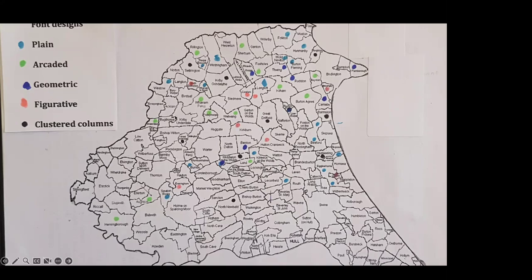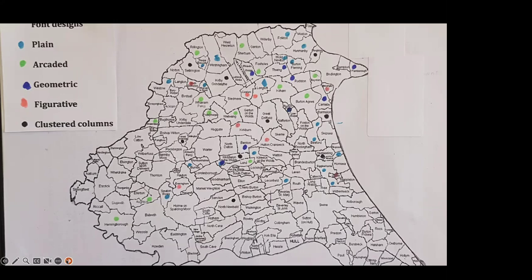So these are the survivors, and there are 63 that I know of altogether. And I'd be happy if anybody could tell me if there are any more than that, because they are fascinating artifacts. So they come in basically 5 designs, and almost always in this area of Yorkshire, they are circular. There are just a few that are geometric, octagonal, but mostly they're circular.